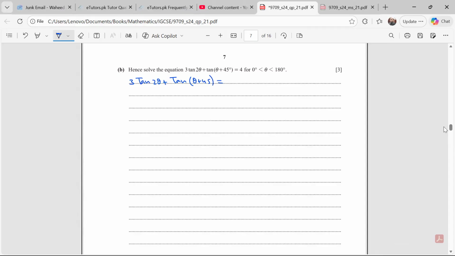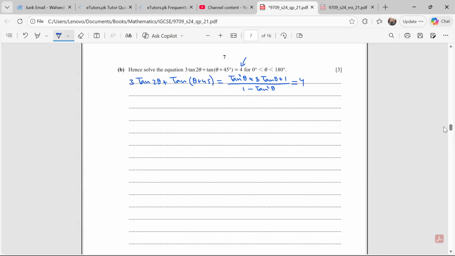This is equal to what we just saw, tangent square theta plus 8 tangent theta plus 1, divided by 1 minus tangent square theta, and this whole thing is equal to 4, right? This is the 4.